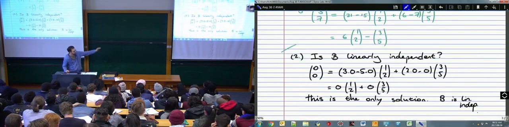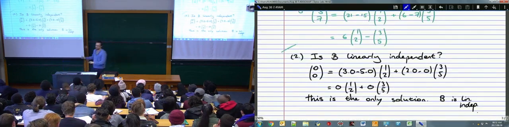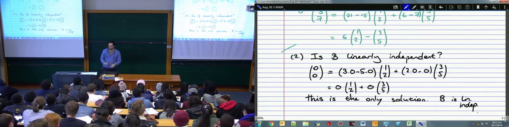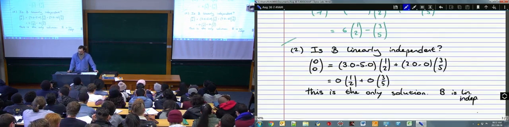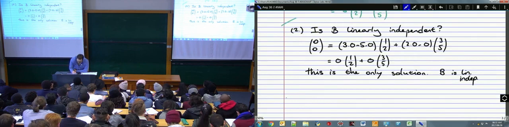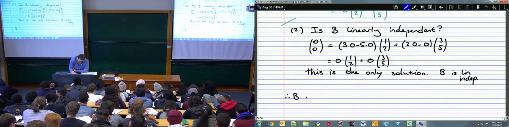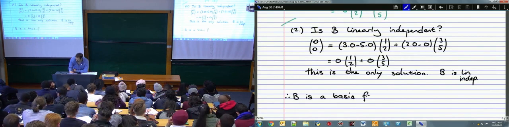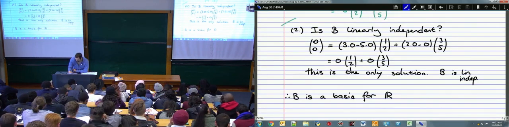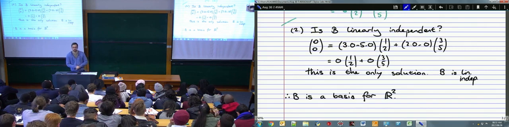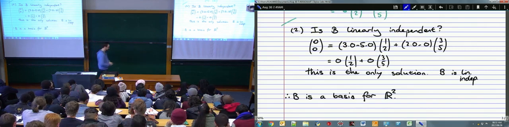But that's just something we've written down here in more detail. This is the only solution, so it's linearly independent, which is then telling us that, therefore, B is a basis for R2. Okay.